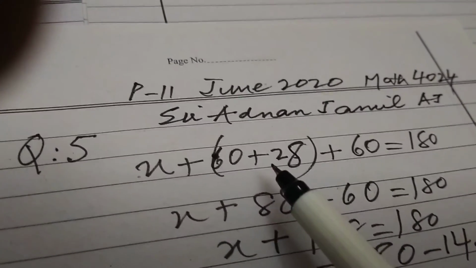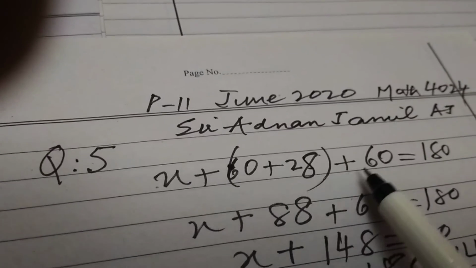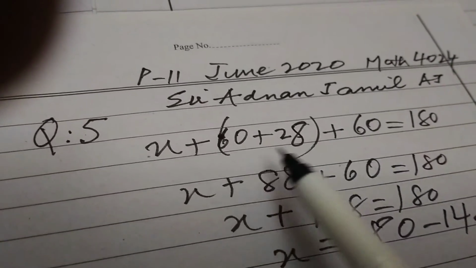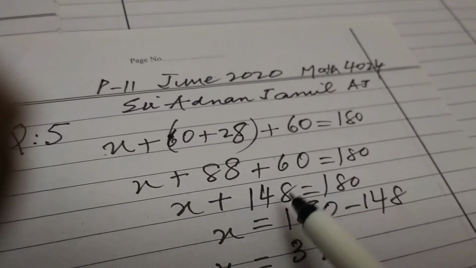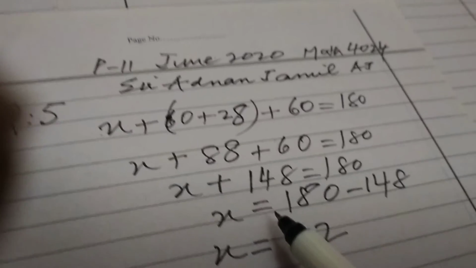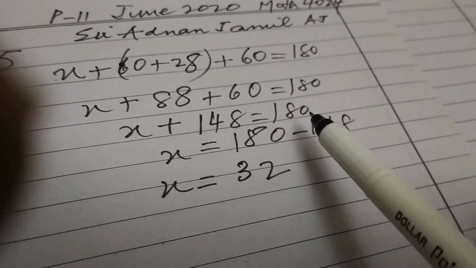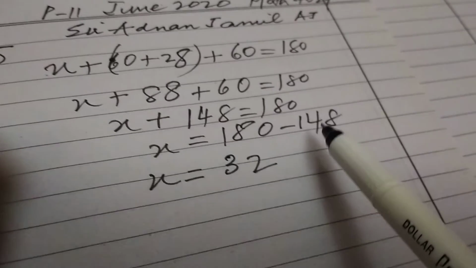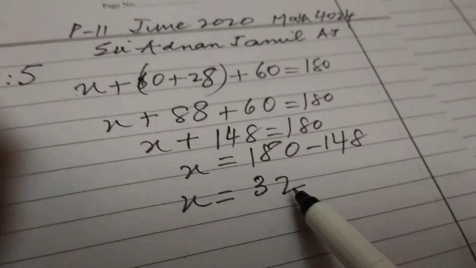So I have written in my copy that X plus 60 plus 28, that is the other angle which I have shown you, plus 60 equals 180, and we just have to do the addition, and finally we get X plus 148 equals 180. Shifting the 148 to the other side, we get X equals 30. That is your final answer.